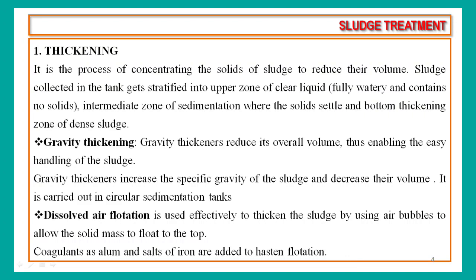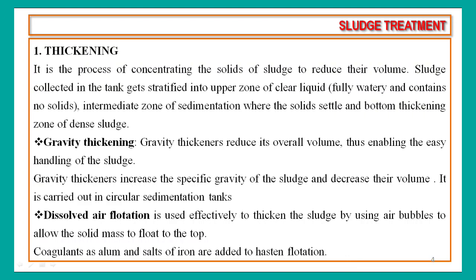One is the upper zone which contains clear liquid, only water, with no solids, the intermediate zone of sedimentation where the solids settle, and we get a bottom thickening zone of dense sludge.